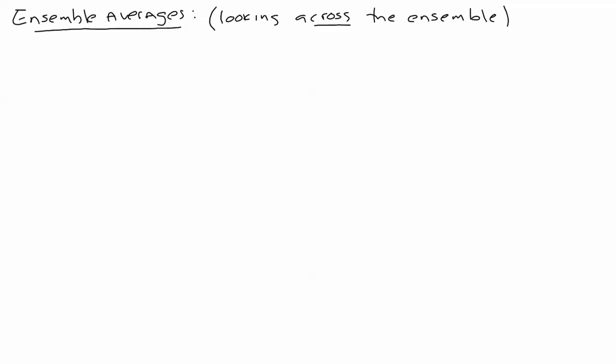We'll start with first order. All right. So remember earlier we talked about a function of a random variable is another random variable. Likewise, a function of a random process is another random process. So if g is a function of a random process x, this is another random process.